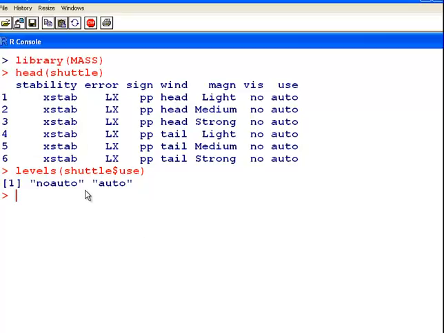Now the negative outcome, the zero outcome, is no auto. So that should be first, with auto as second. It's sort of said to put in no auto as 0 and auto as 1, and that's the way it should look. But if you had it the opposite way around, what you might do is re-level shuttle just to specify the order in which they should go in. So I'm going to reverse it and reverse it back.